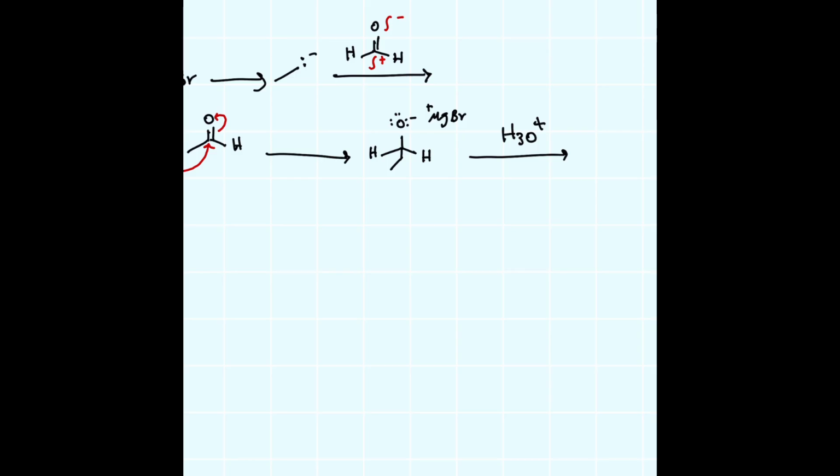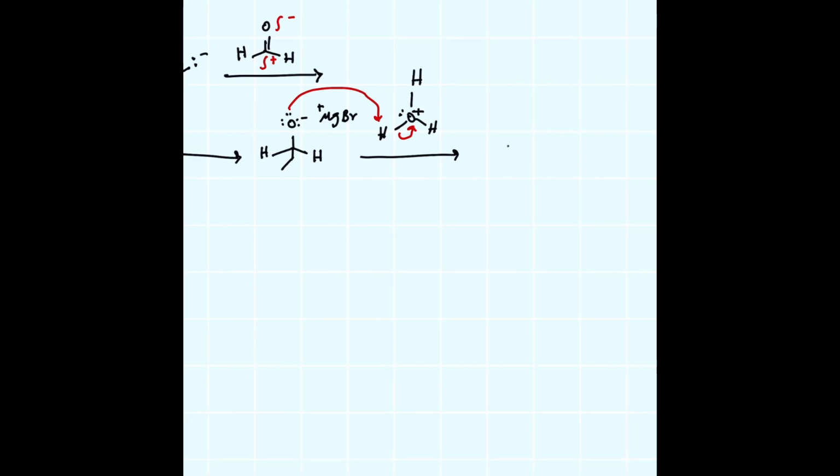If you remember from Gen Chem, acids can donate protons or hydrogens, whichever you like to say. And we know that this negative charge can easily grab a proton. So I'm going to do it like this, so it's easier to visualize. This negative species grabs this hydrogen, and this bond moves right here.